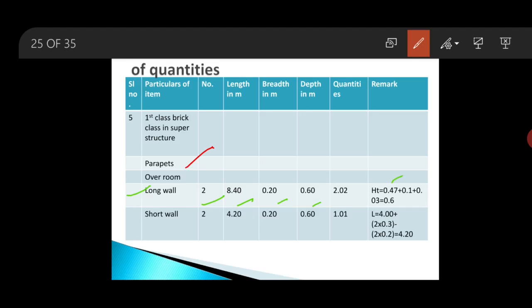So in the remark column, write down height will be equal to 0.47, which is the clear height, then plus 0.1, which is the thickness of the cement concrete terracing, plus 0.03, that is the thickness of the insulation layer. So after multiplying these 4 columns, you will get the total quantity as 2.02 cubic meter. Then we will move to the short wall.